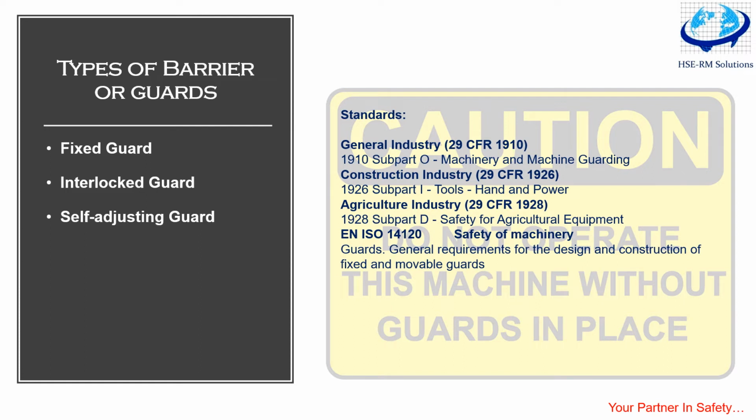Fixed guard, what are fixed guards? As the name suggests, it refers to a guard that prevents access to part of the machine but does not depend on a moving part of the machine to perform the guarding function. A fixed guard is part of the machine that guarantees protection by means of a physical barrier.